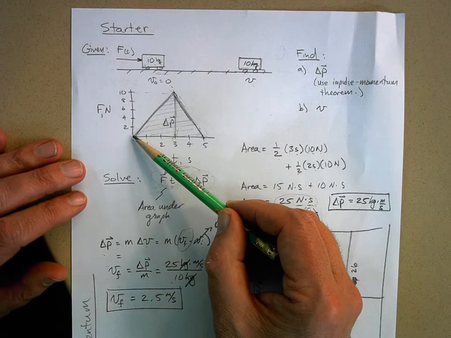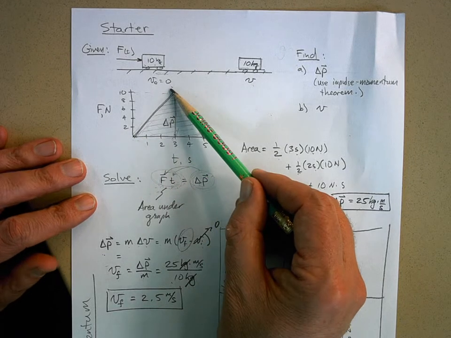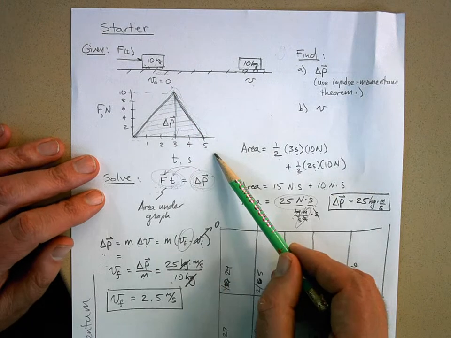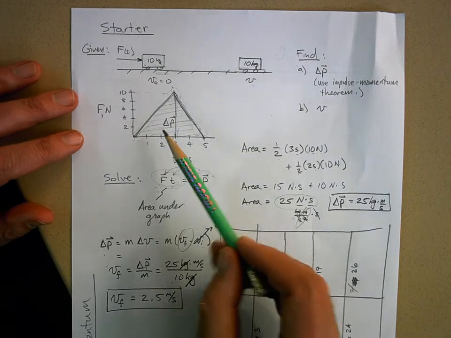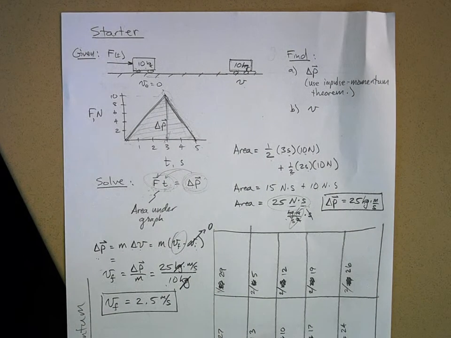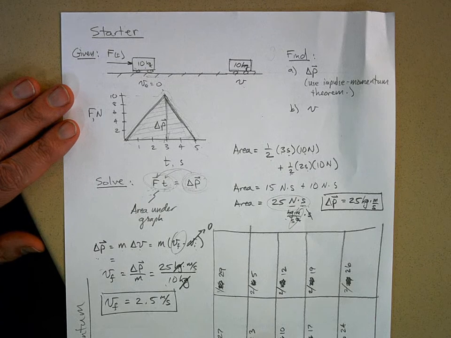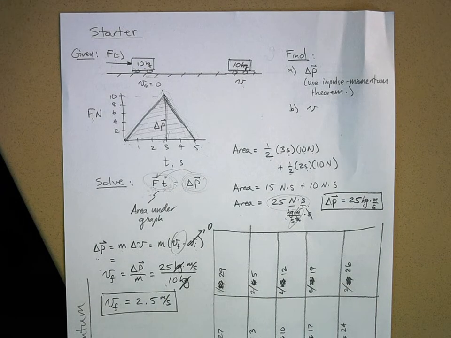When the ball is first touching the bat, there's hardly any force at all, but it quickly ramps up to a very high force and then ramps down to zero as the ball rebounds. So we have tools and tricks where we can figure out what that force as a function of time is, and then we can figure out the change in momentum of things. This is a very nice problem-solving technique using the impulse momentum theorem. That is all.